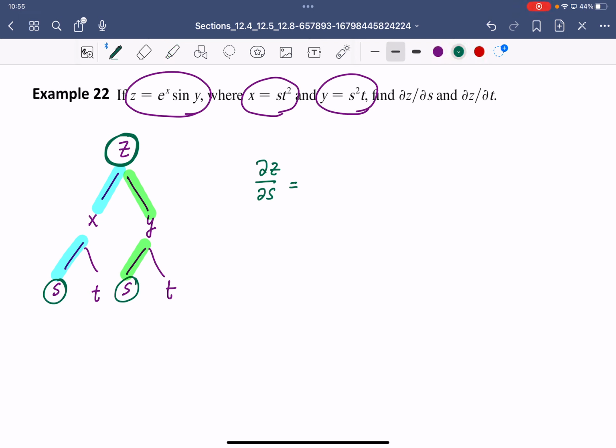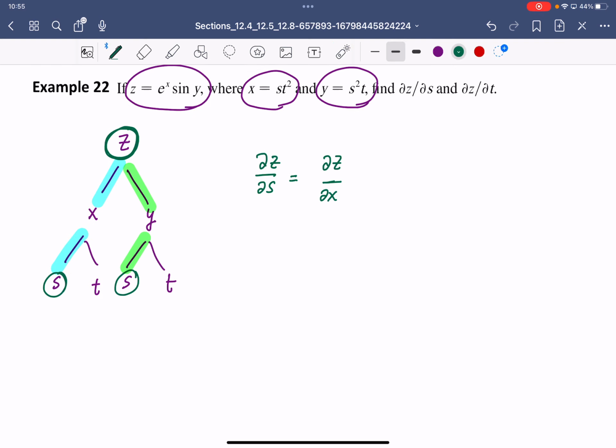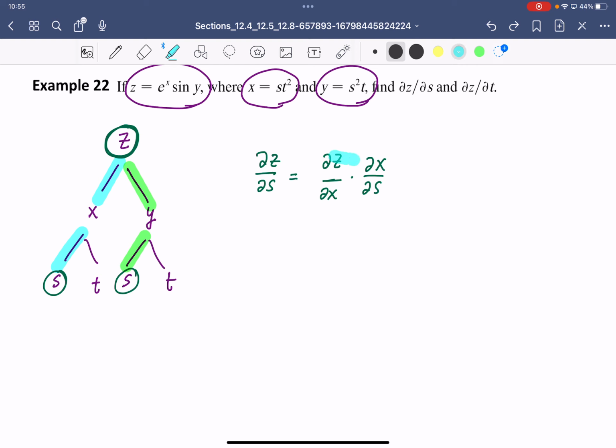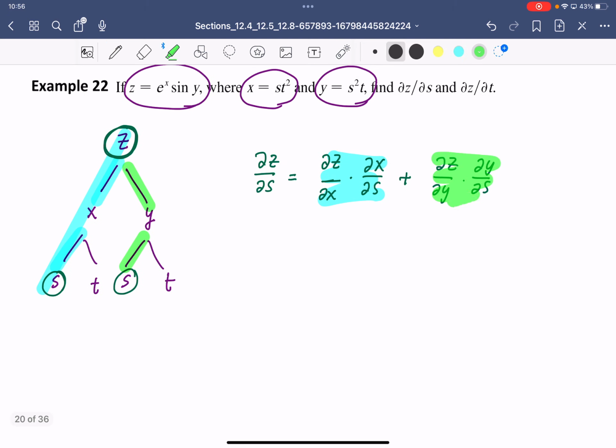When you set up the chain rule, it's ∂c/∂x times ∂x/∂s, the first term, corresponding to the blue one. Then plus ∂c/∂y times ∂y/∂s, which corresponds to the second term here. Then you compute everything, and that's your answer.